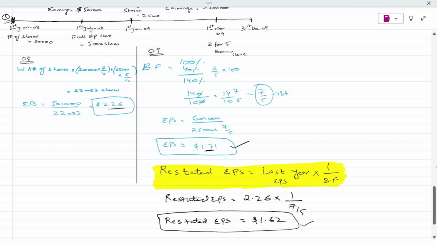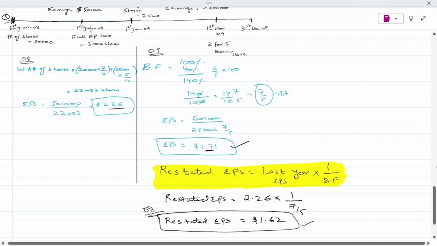And again, this restated EPS is of the previous year 2008, okay? And this is of 2009, but this restated EPS of 2008 will go with the EPS of 2009 in the 2009 annual report that will be given to the investors, okay?